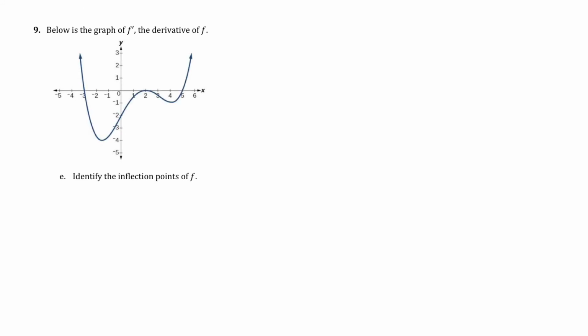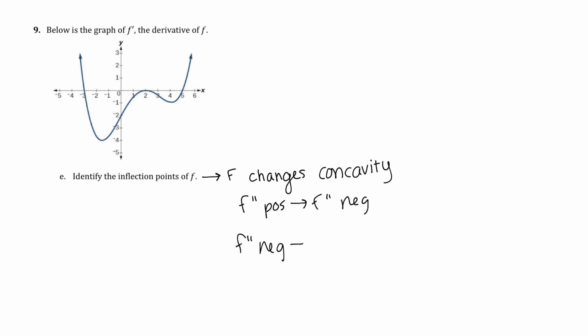So the last part of this problem is identifying the inflection points of f. This is where f changes concavity. f changes concavity if you have f double prime going from positive to negative, or if f double prime goes from negative to positive. Now you could use the intervals you had in the last one to figure this out, but we'll just do it from scratch here.